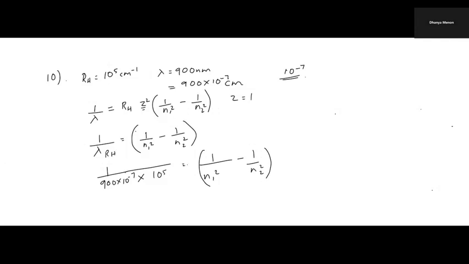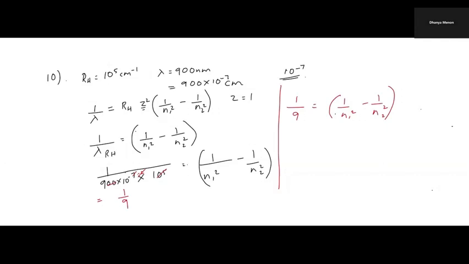Here there is a little bit of trial and error. If we solve this, this gets cancelled, we get minus 2, this also gets cancelled, and I get 1 by 9. So now we have to use trial and error: 1 by 9 equals 1 by n1 square minus 1 by n2 square. Which values, if we substitute, give 1 by 9?